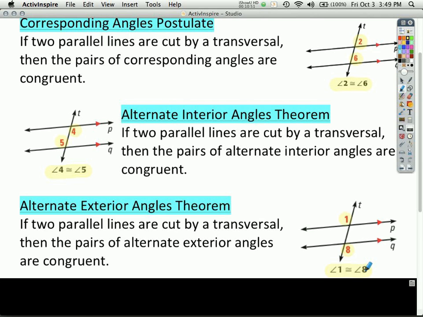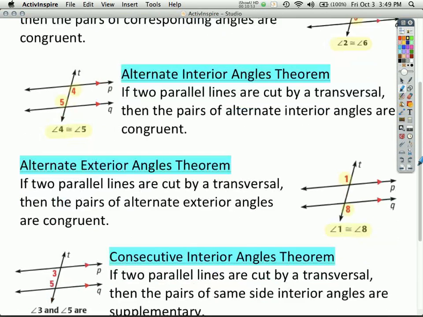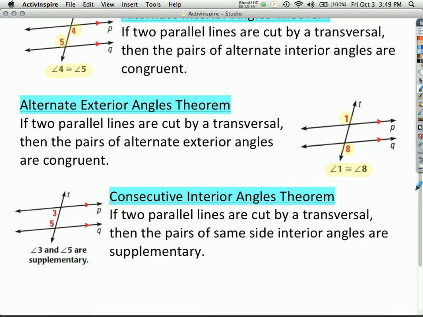The only theorem that's slightly different is the consecutive interior angles theorem, which you could also call the same side angles theorem, is that if you have a case of same side interior angles, they're not congruent, they are supplementary. So you should be able to identify them, but now you can say that they are supplementary.